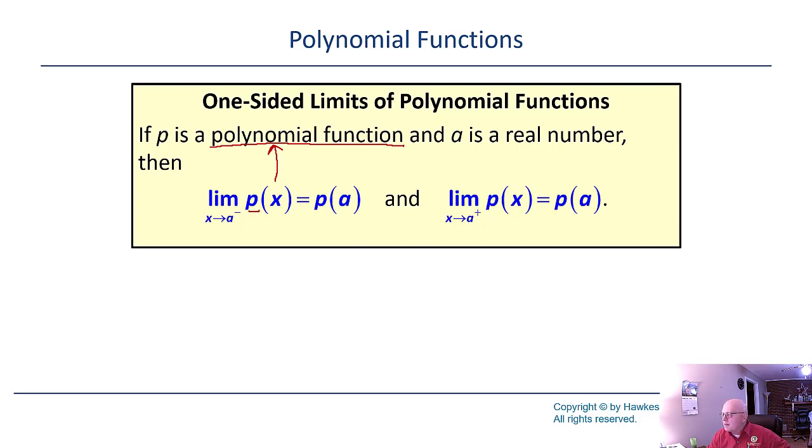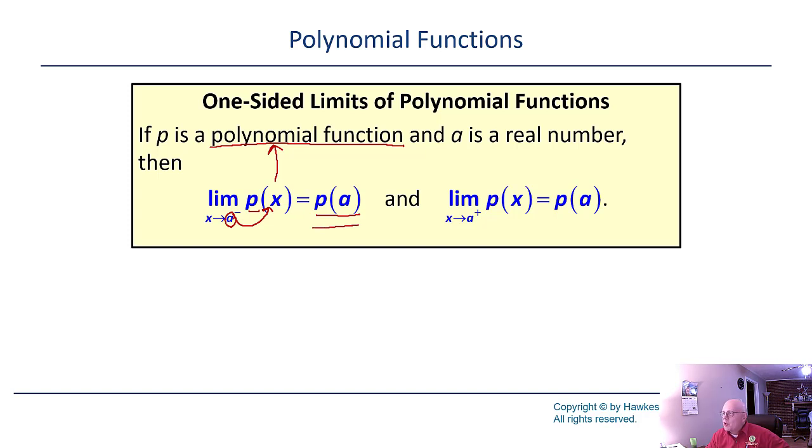What's the limit of that function as x approaches a from the left? Well, the good thing is all you have to do is take this number, put it in for x, evaluate that function at a, whether it's 6 or 9 or negative 52, whatever it is, put it in for p of x, and that is your limit.